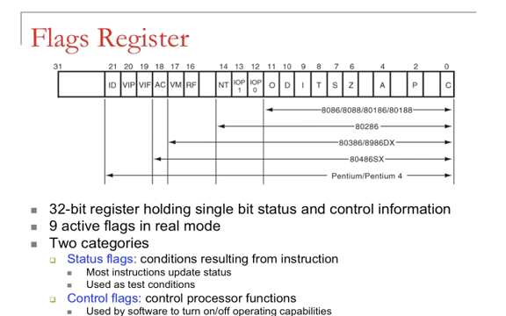For example, there are interrupt bits and real mode, protected mode bits, which are supposed to be updated or written by the software to change the operating status of the processor.